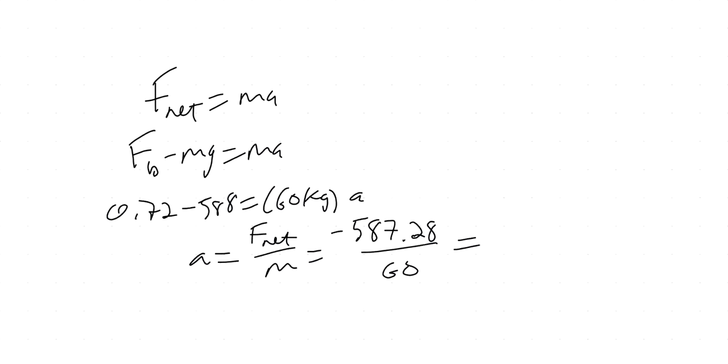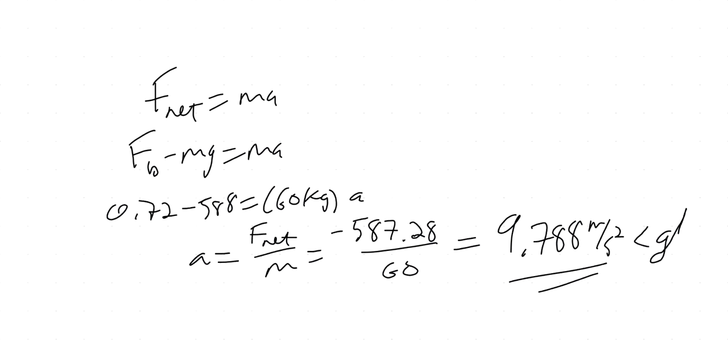But 587.28 divided by 60 kilograms gives me 9.788 meters per second per second. So because of the buoyancy force, if I were to fall through the air, I'm actually falling a little bit slower than g because of the upward buoyancy force.